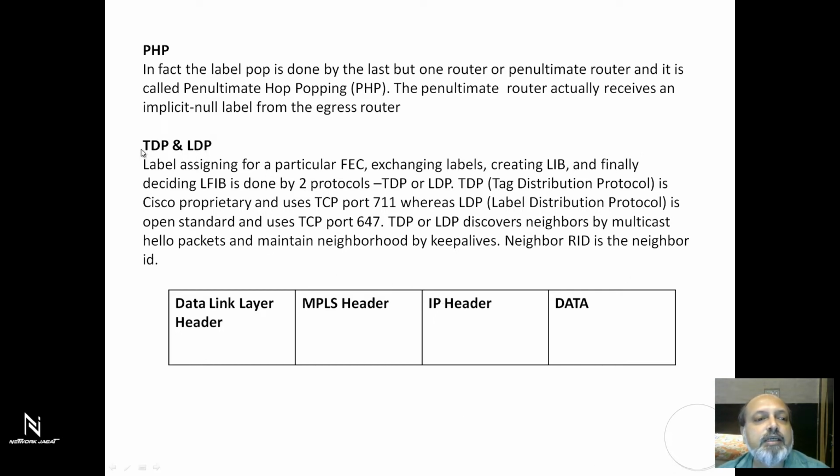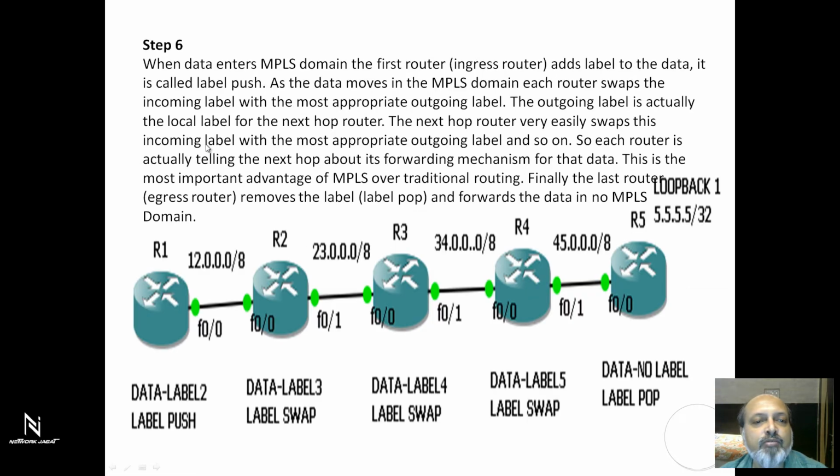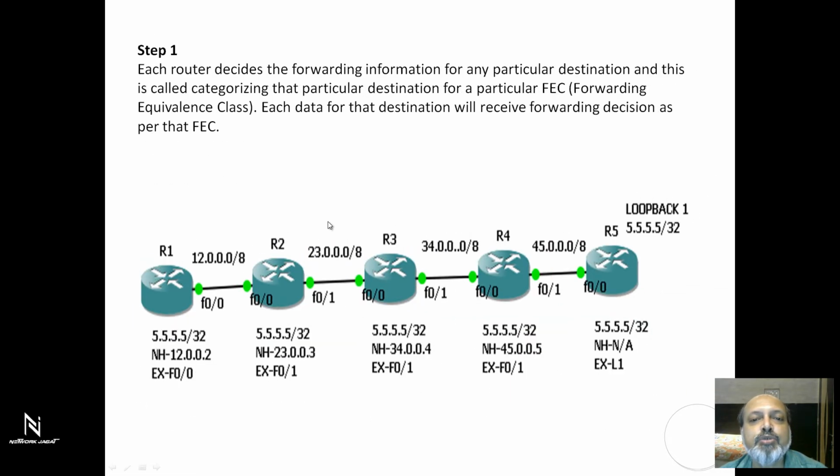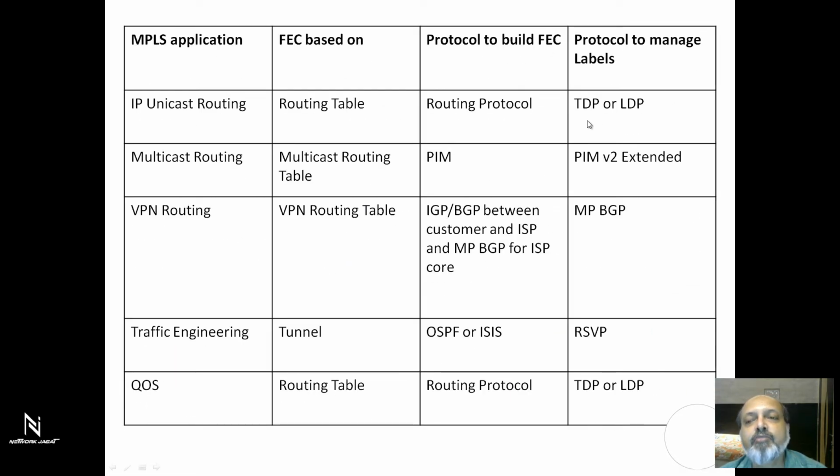Now first I will discuss TDP and LDP. We have already come across these two terms in this slide, where TDP or LDP are responsible for managing the labels, right?